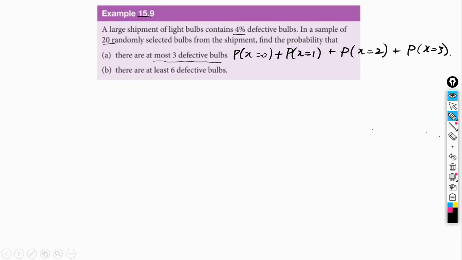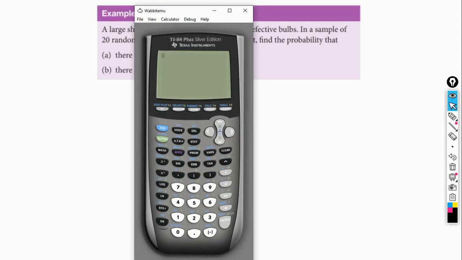Okay, so I'm going to show you how to do this on the calculator. So for this, we go to second distribution, and then we scroll down to B, and notice that it says binomial cumulative distribution function. So we hit enter, and again in these old calculators, first we put the number of trials, which in this case is 20, because there's 20 randomly selected bulbs, then comma, the probability of success, which is 4%, so 0.04, comma, and then third, we're going to put the upper limit of this, and because we're accumulating 0 plus 1 plus 2 plus 3, the upper limit would be 3.